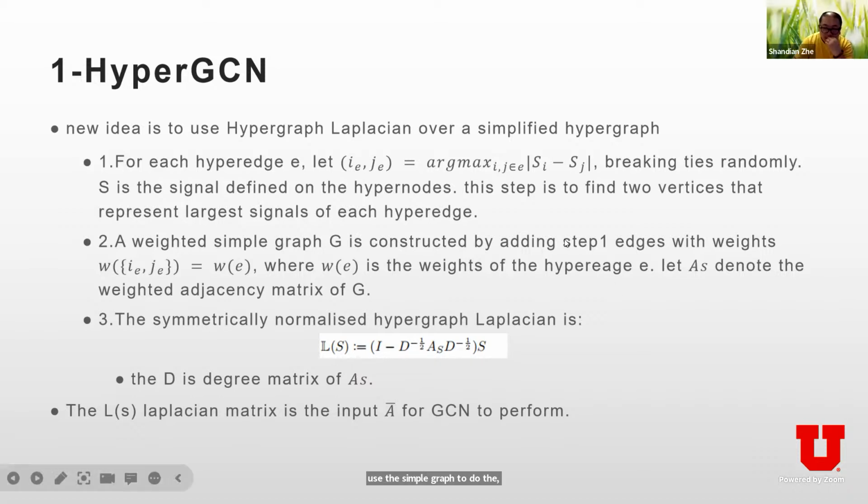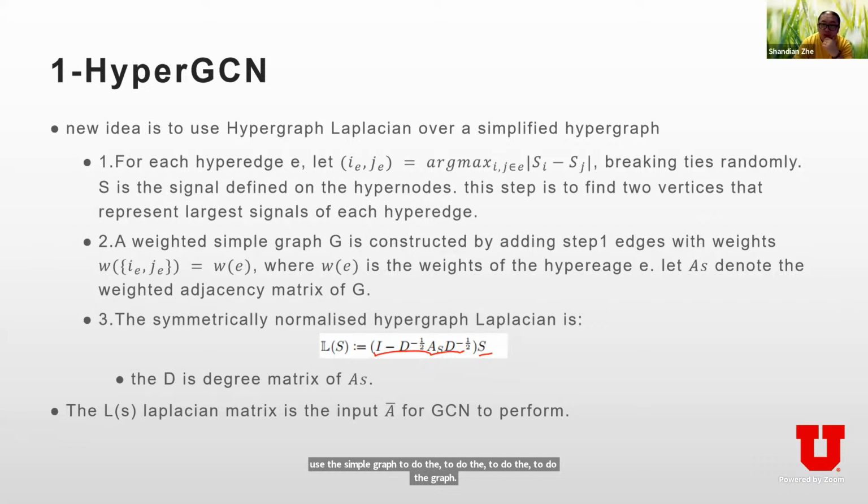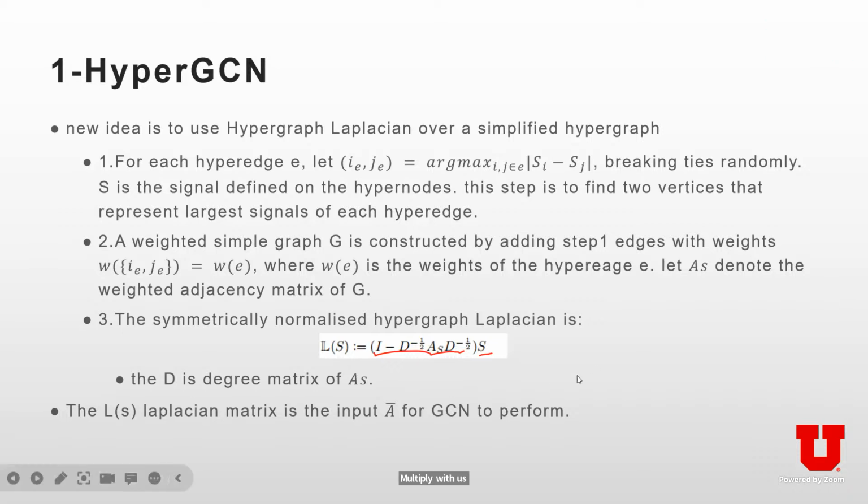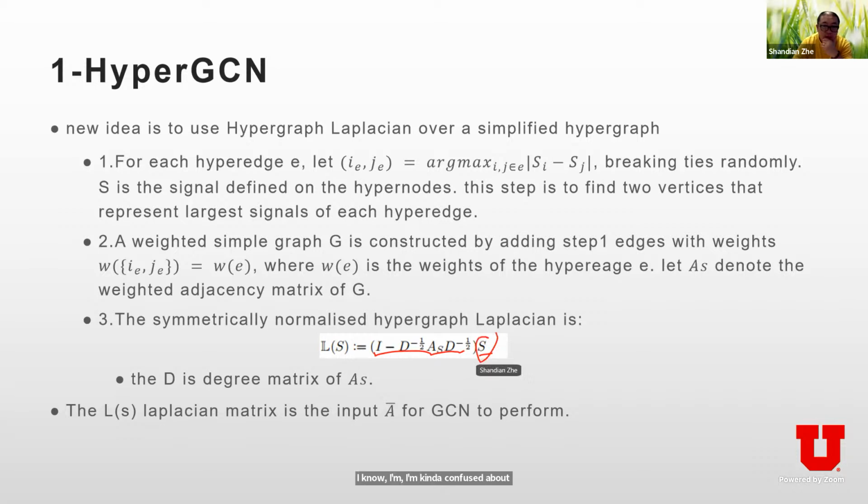My question is, this one is the normalized graph Laplacian, right? Why do they multiply with S? S is the feature matrix, right? Or something like a signal. I'm kind of confused about the notation. Why should we have S?